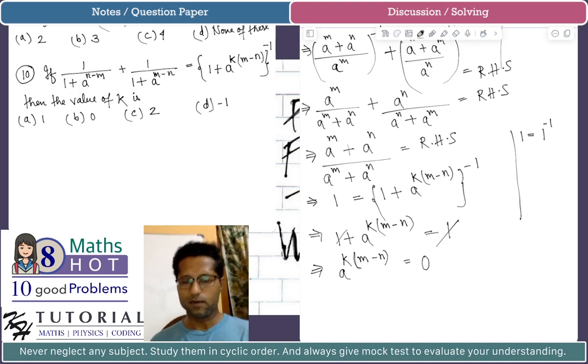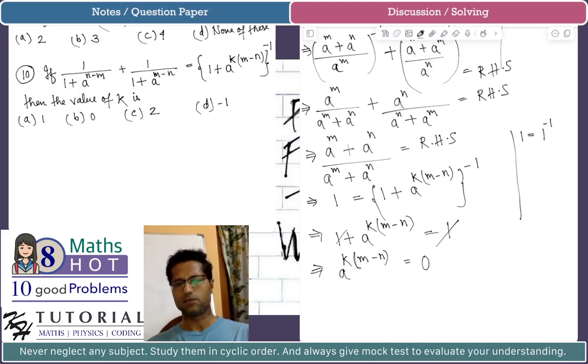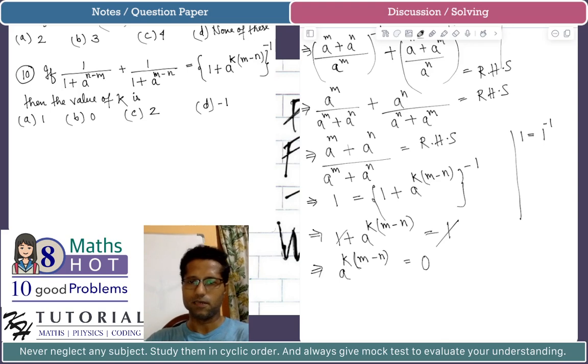So we are getting something very uncommon. I mean, we are getting some exponential term on the left hand side, a to the power k into minus 1, that can never be 0. Depending on the power and the base a, it can be either positive or negative. It can never be 0.